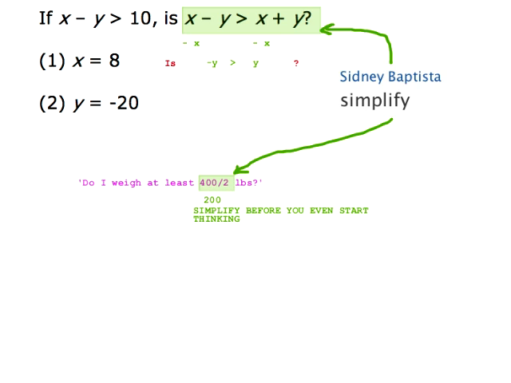And then we can move y over to the other side. We can add y to both sides. So that winds up being: is 0 greater than 2y? And of course you can divide that in half. So is 0 greater than y? We're not used to seeing the variable on the right and the number on the left, so we can just rewrite it like that.